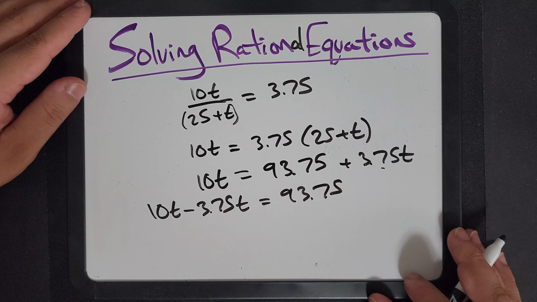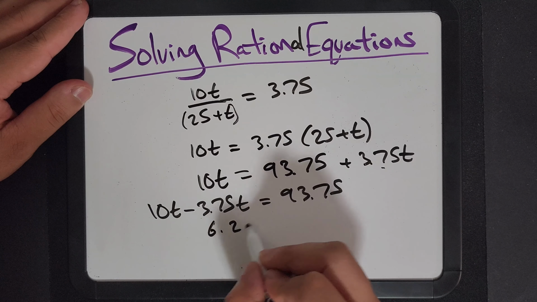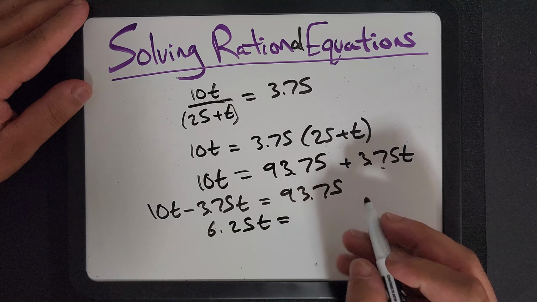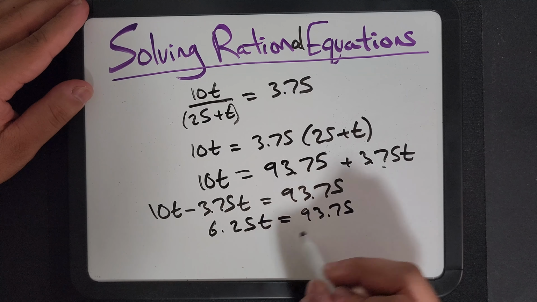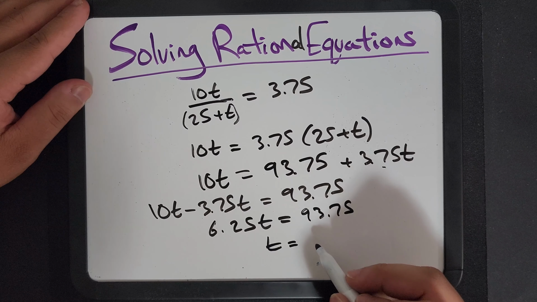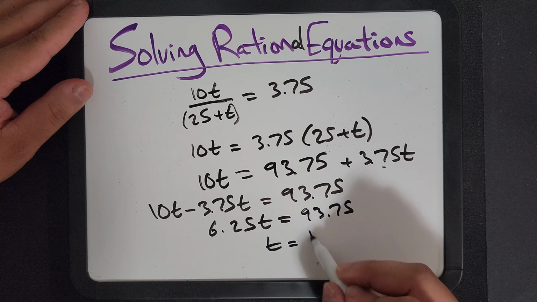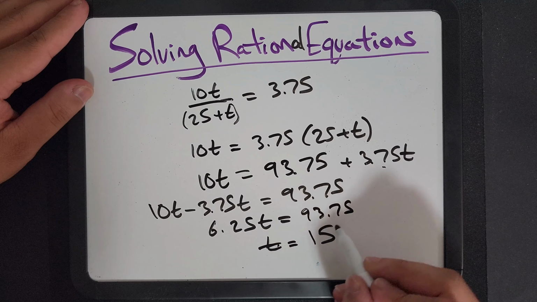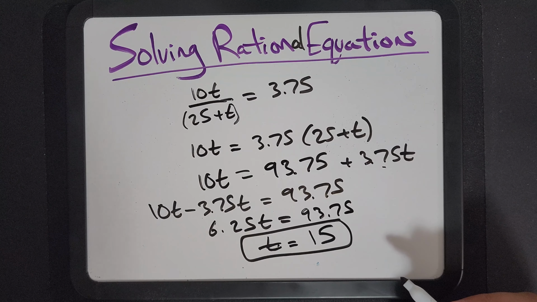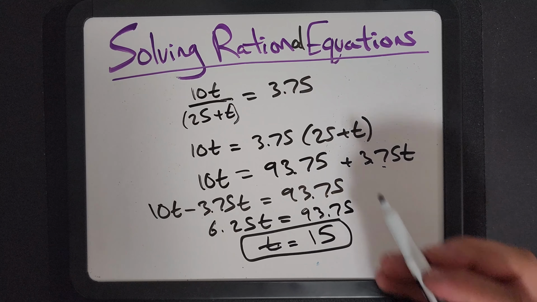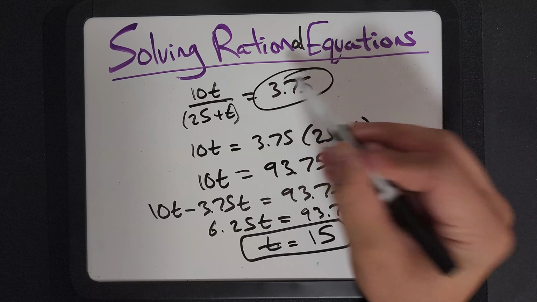So now I'm left with 6.25t equals 93.75. Divide that and I'm left with 15 minutes exactly. So it will take 15 minutes for the concentration to reach that.